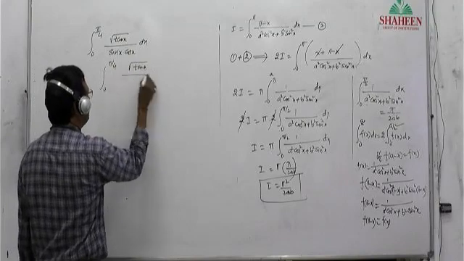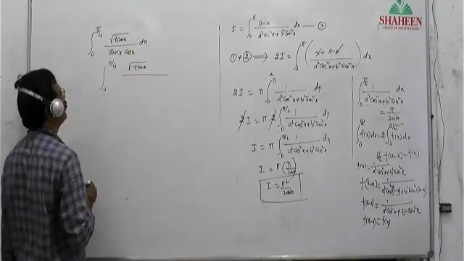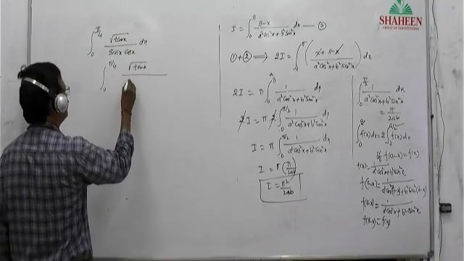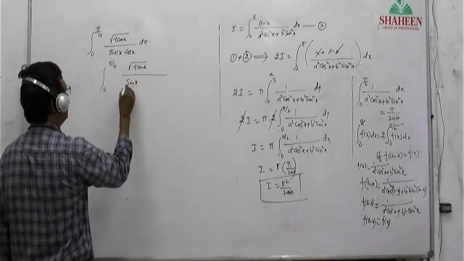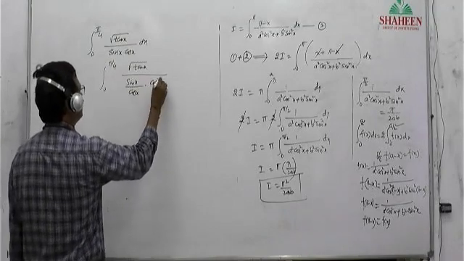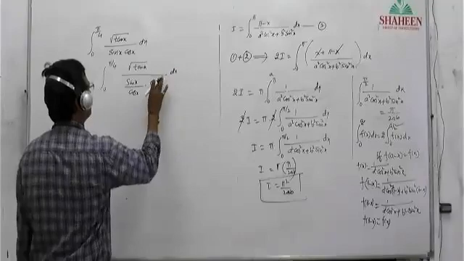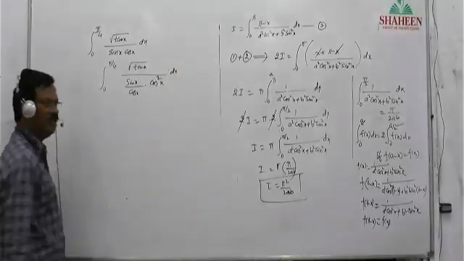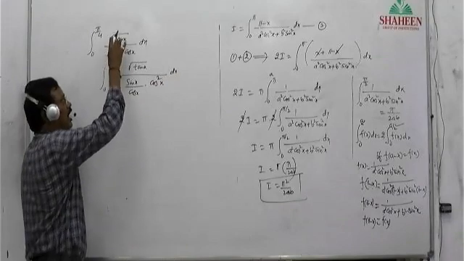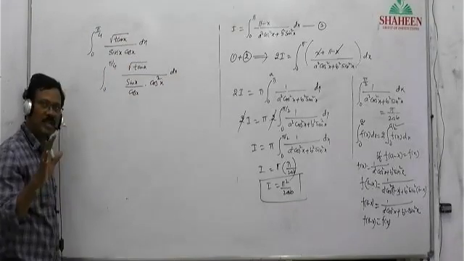Now can we write it like this? Sin x is there; divide by cos x, multiply by cos x. Is it okay? In the denominator I am not changing the numerator; the numerator stays as it is.